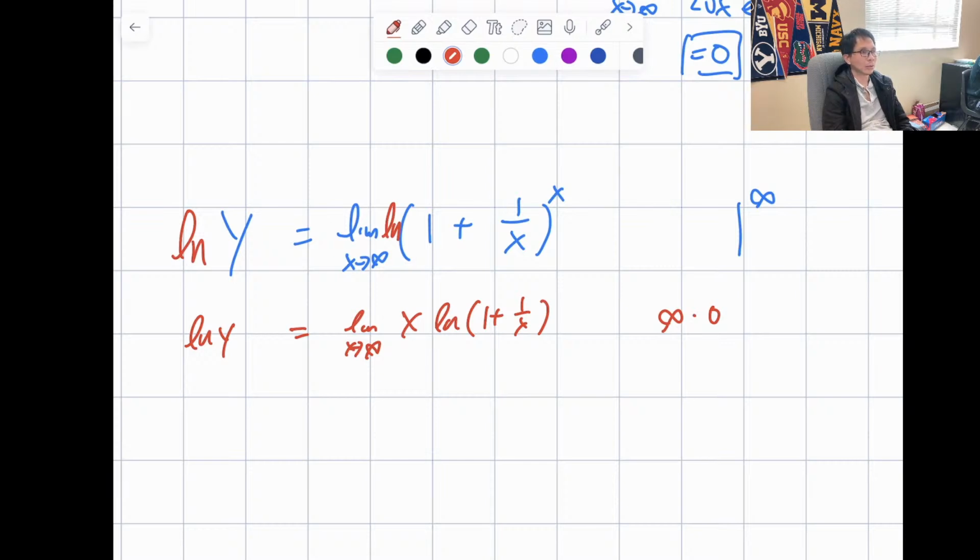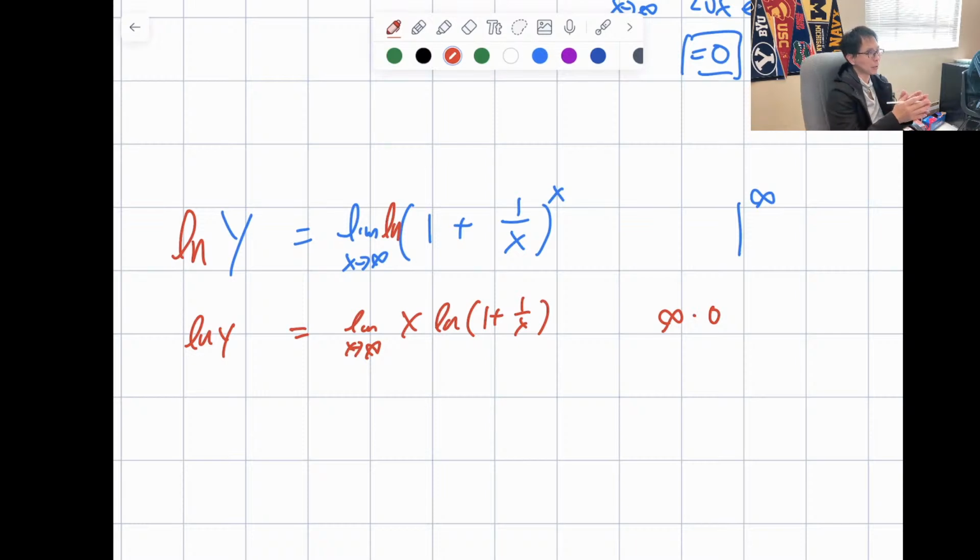But here I really need to pull something out of thin air in this situation, because there's no fraction. You might say that 1 over x is a fraction, but the problem is that 1 over x is inside the log, so it's not really helpful.